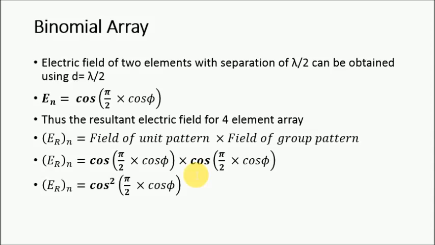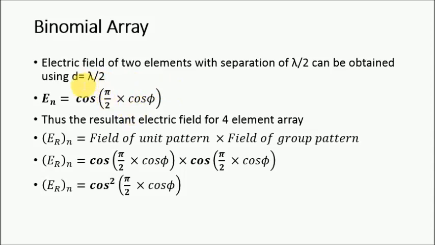But in many cases we observe practically that although directivity is increased by increasing the array size, it contains some minor lobes, and these can be decreased using the current excitation method. The amplitude has some pattern, which we will see here in the binomial array.